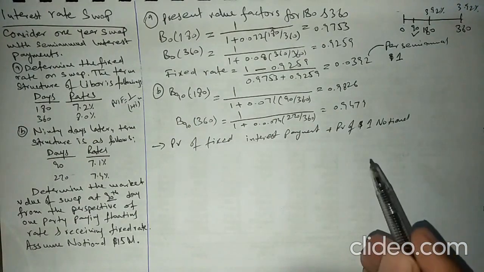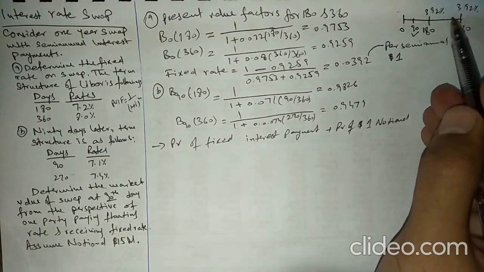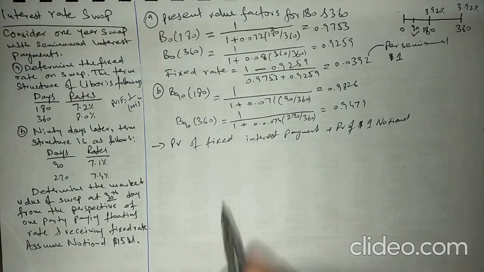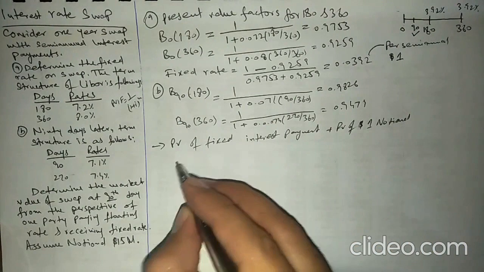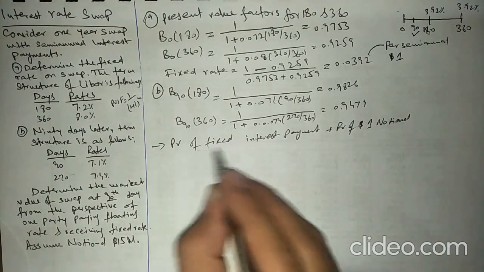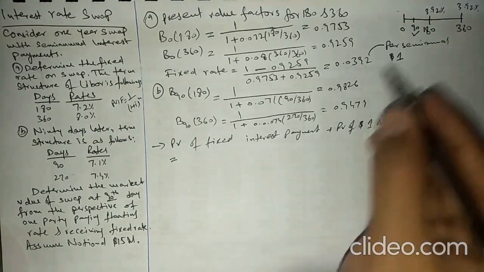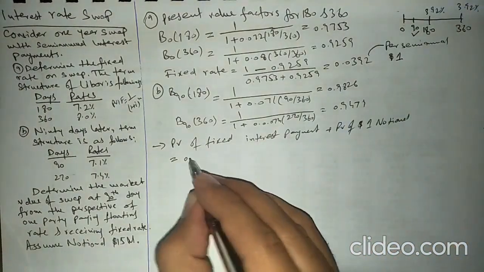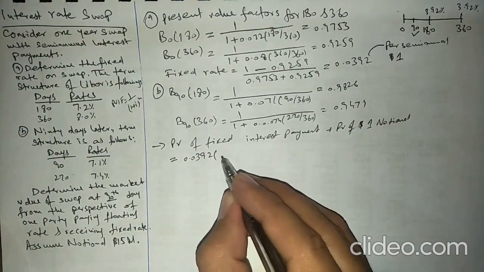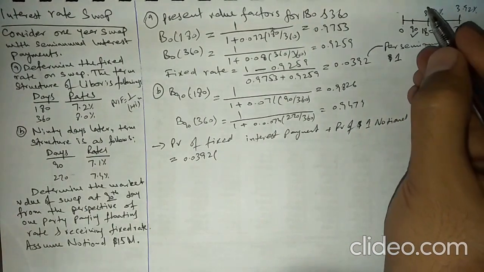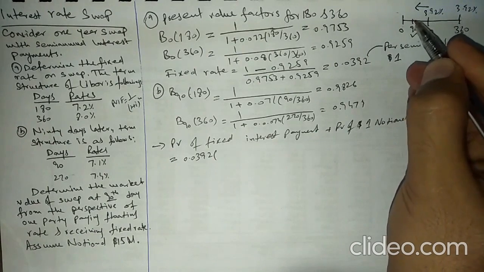Same as in bonds, interest payments are made until the end of the bond, and the principal is paid back to the bondholders. So same like this, here we calculate the present value of fixed interest payments and the present value of $1 notional principal. To calculate the present value of fixed interest payments, the fixed interest payments are 3.92% and 3.92%, 0.0392 into, we will discount back this value from this point to this point, because right now we are calculating the value at the 90th day.